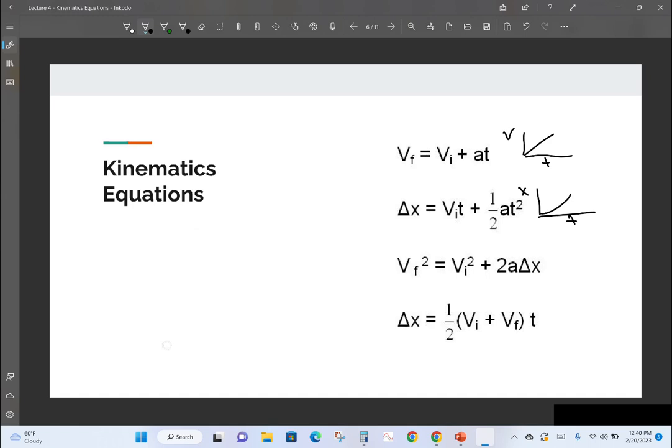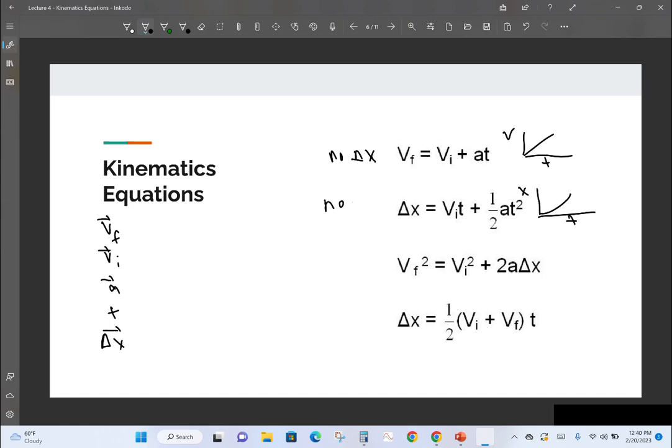We've got Vf, Vi, A, T, and our change in displacement. These are the 5 variables that we have. But if you look at these equations, each one is missing one. So there's no delta x in the first one.